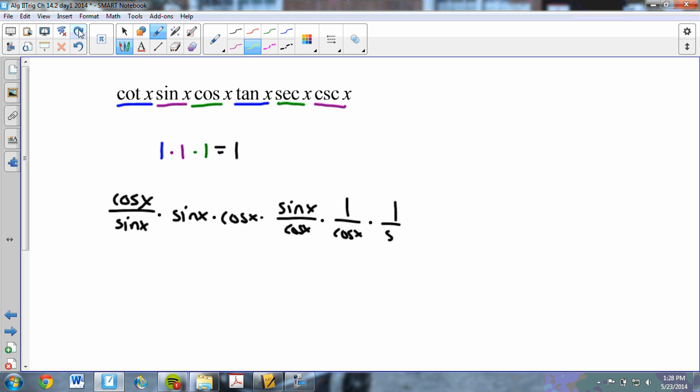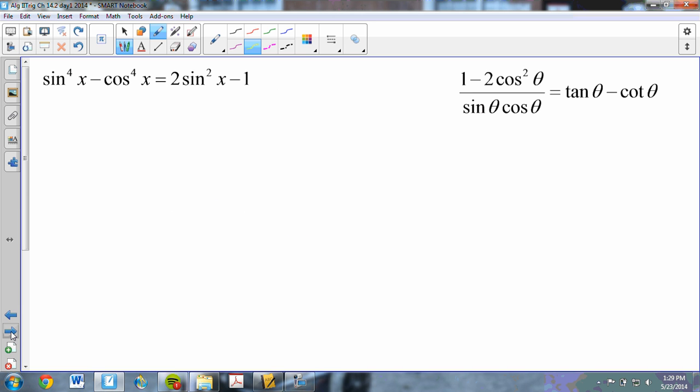Then we would have gone cosines cancel, 1 on top, 1 on bottom. Sines cancel, 1 on top, 1 on bottom. Cosines cancel, sines cancel, and you're left with 1. But save yourself all that rewriting and just recognize when the reciprocals kill each other. That's all I want to do there.